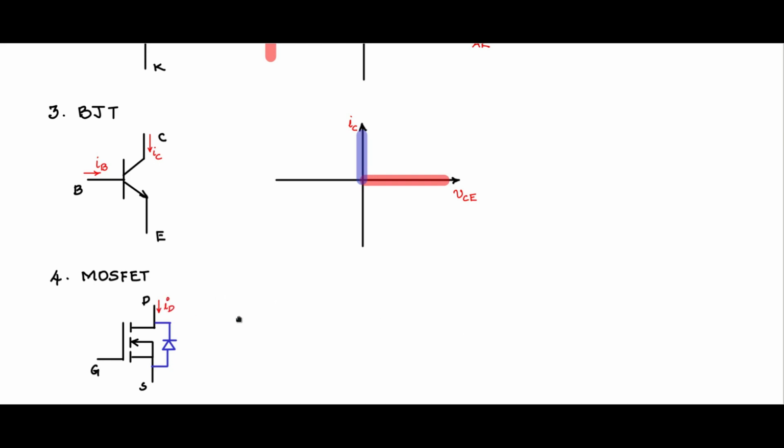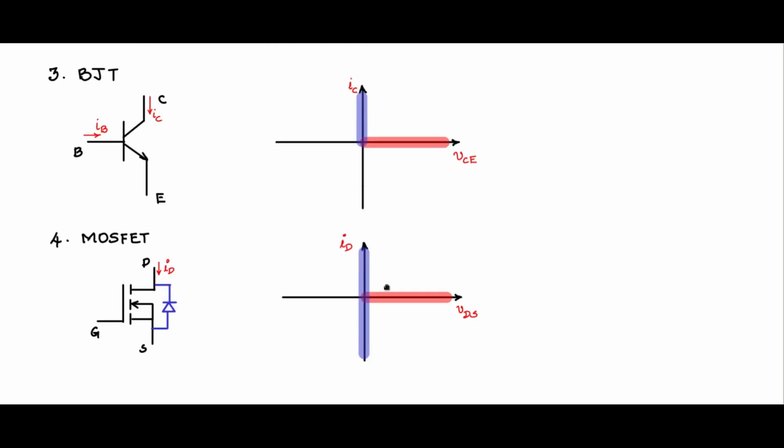If I declare this as ID, the drain current, in the IV characteristic VDS versus ID, you will see that when the MOSFET is off, it can withstand positive voltage. When the MOSFET is on, it can pass both positive and negative current by virtue of the diode. If the diode were not there, it could pass only the positive currents. Because of the presence of the diode, even the negative currents ID can flow. So this would be the character of the MOSFET.